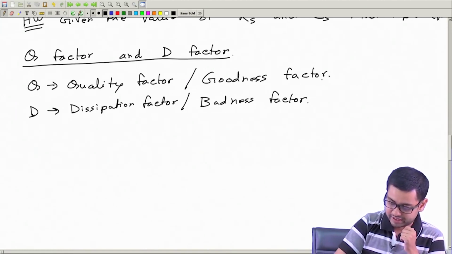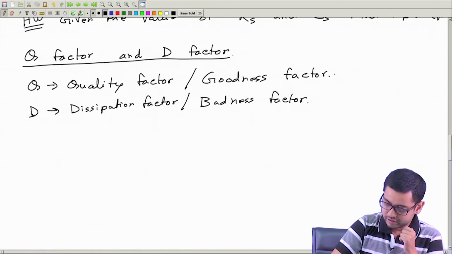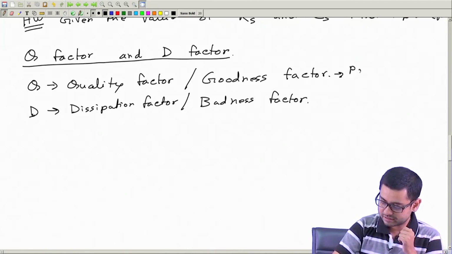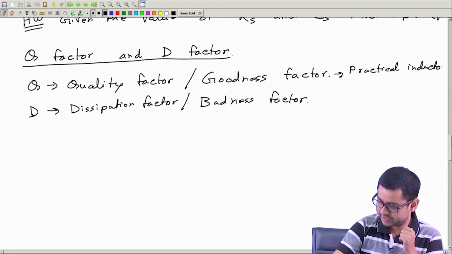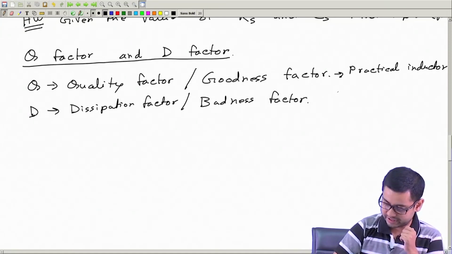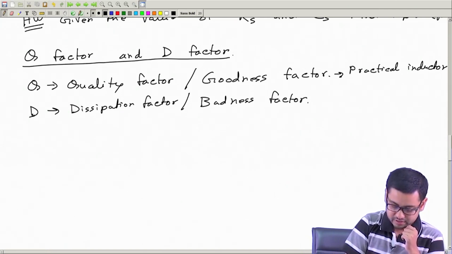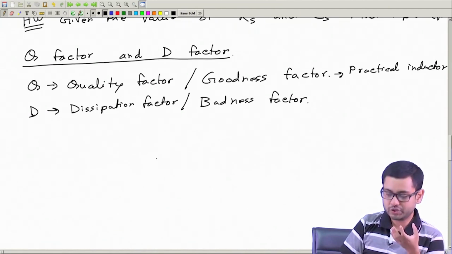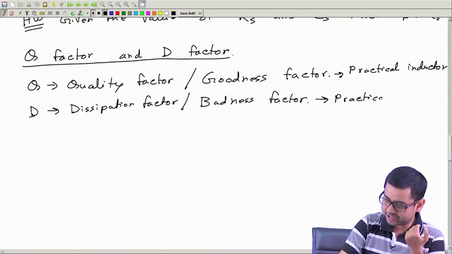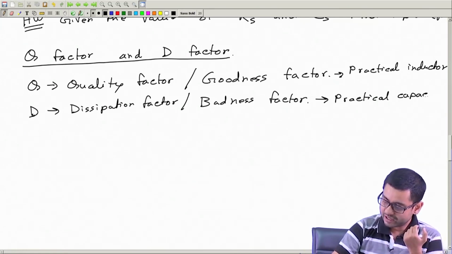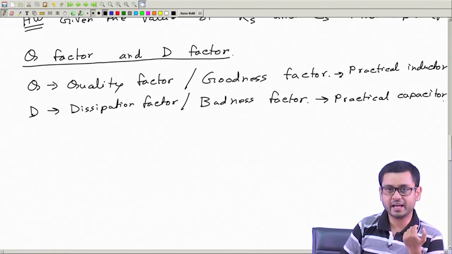Now, this quality factor is normally used for a practical inductor, although you can extend this thought for capacitors as well, to state how good an inductor is, and the D factor is normally used for a practical capacitor to state how bad a practical capacitor is.